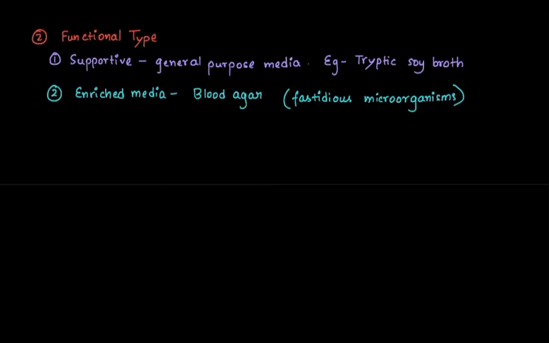The third type is selective media. Now, selective media would allow certain organisms to grow, but they will also kill certain organisms. Say, for example, we have EMB, eosin methylene blue agar, and MacConkey agar.